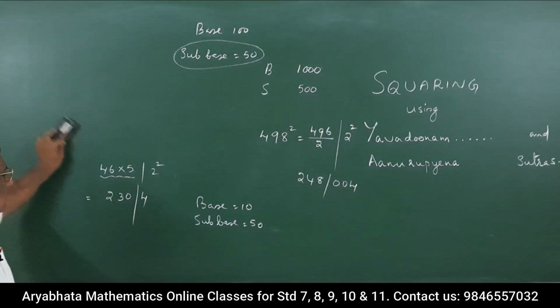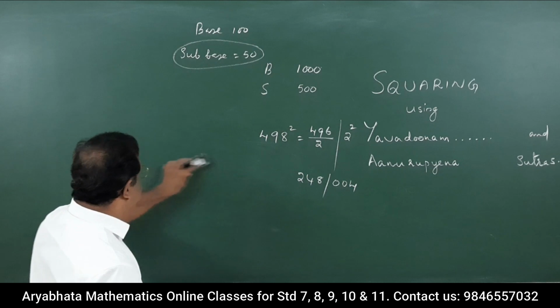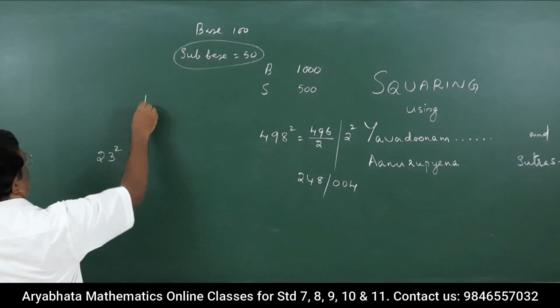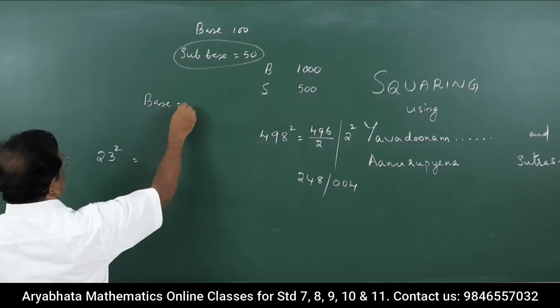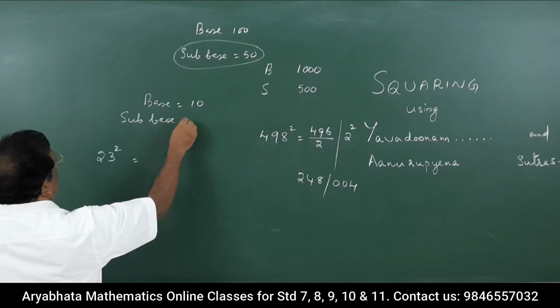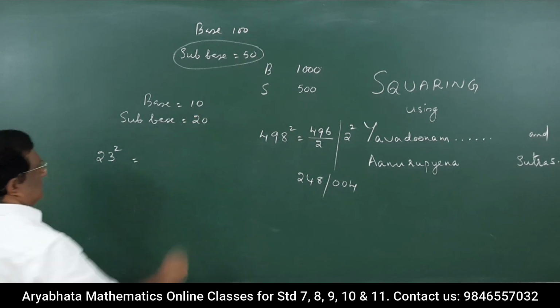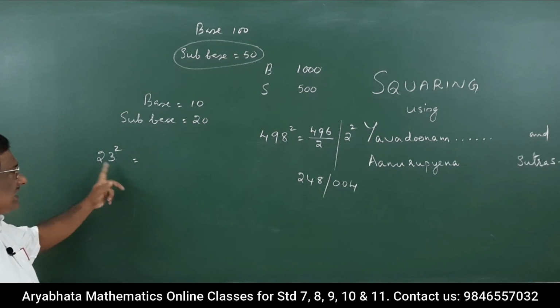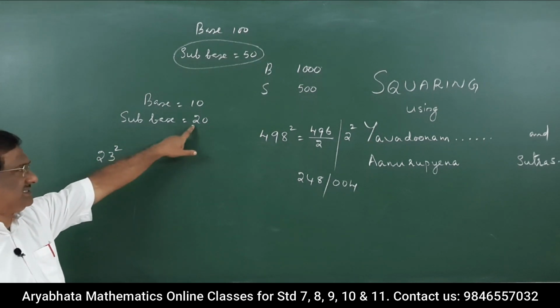Another example. Suppose you want to find the square of 23. Take base equal to 10, sub base equal to 2 times 10, 20. Listen, here the number is 3 more than the sub base.